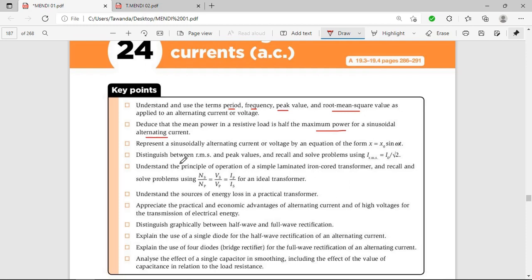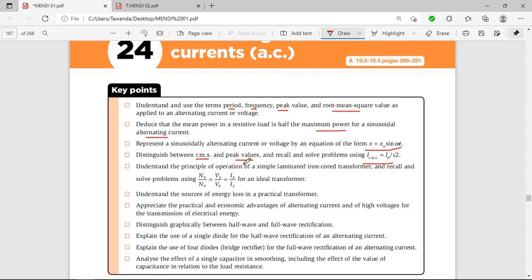Like represent the sinusoidally alternating current or voltage by this equation. You also distinguish between the root mean square and the peak values, and also recall that the root mean square value is the peak value over square root of 2.